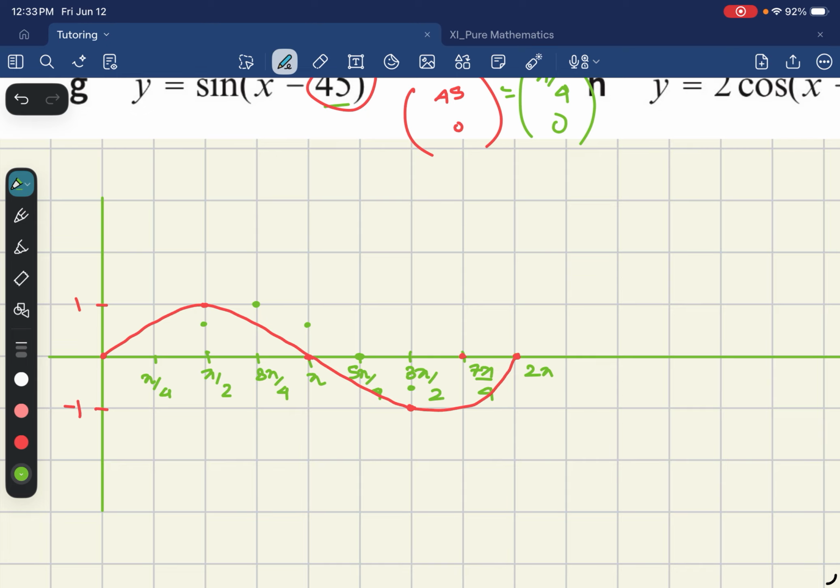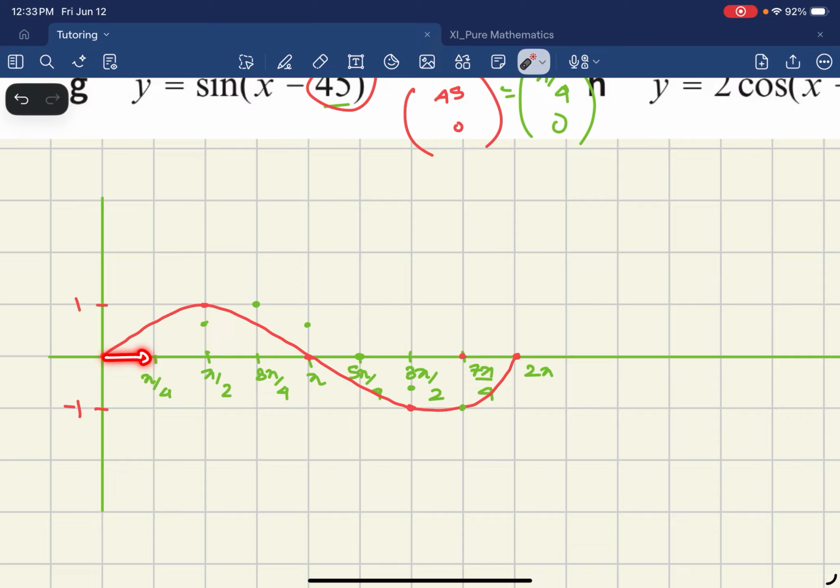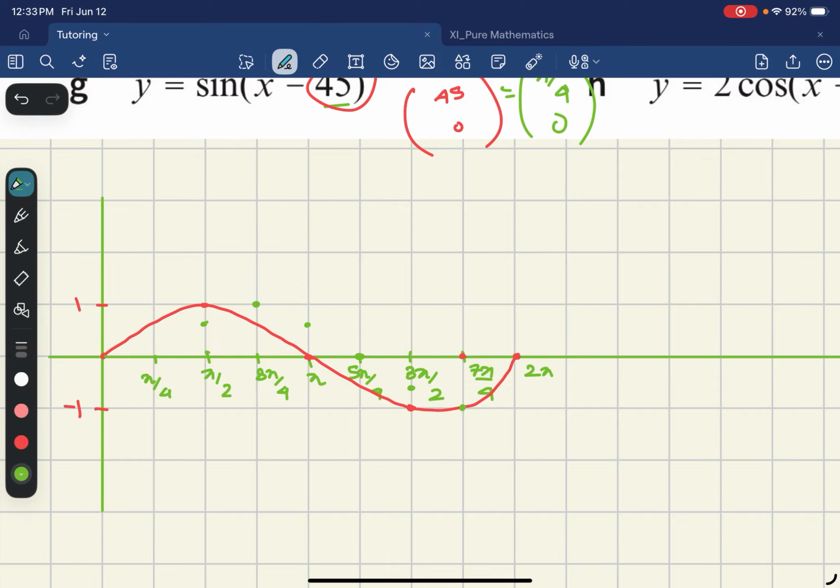So there. And this point needs to be shifted by 45 here. And let's see. So let's draw this roughly, right? This starting point also needs to be shifted by 45. So we have here.